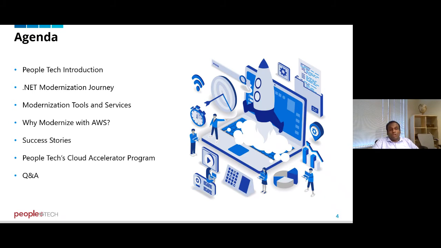We'll also talk about how PeopleTech, as an AWS partner, can help you with your acceleration journey. And since you are staying throughout the call, we'll also talk about some exciting programs that we are offering just for the participants of this webinar. So please stay tuned until the end of the session, and we'll talk about the specific programs on how we can help you accelerate your journey.